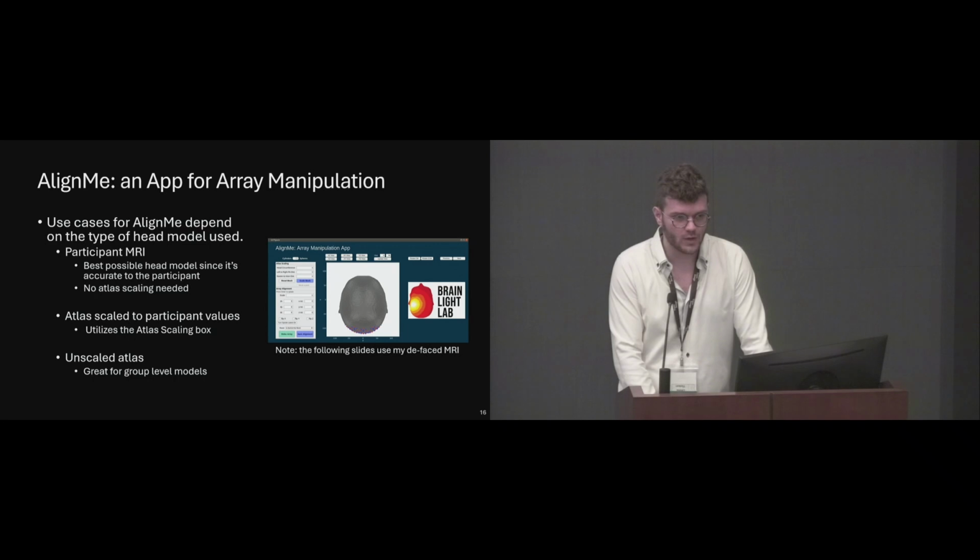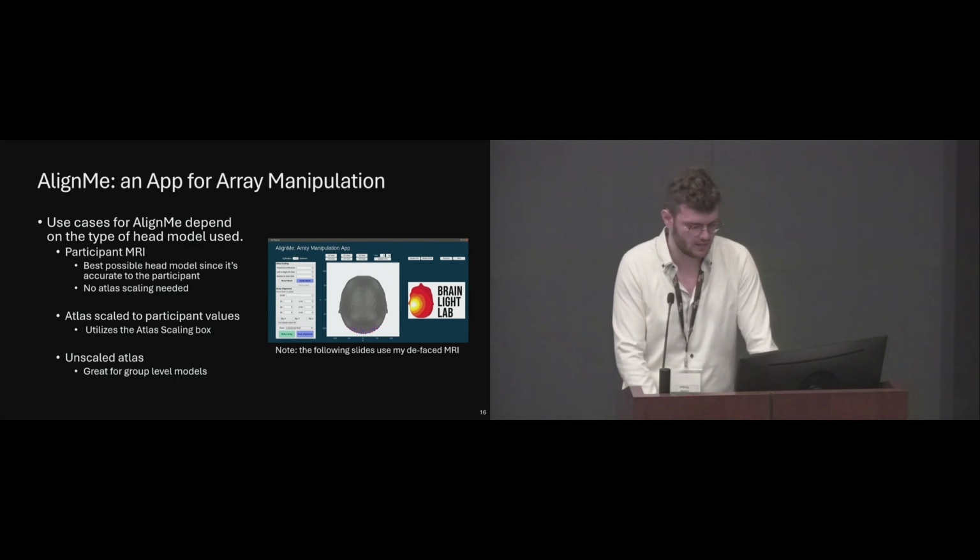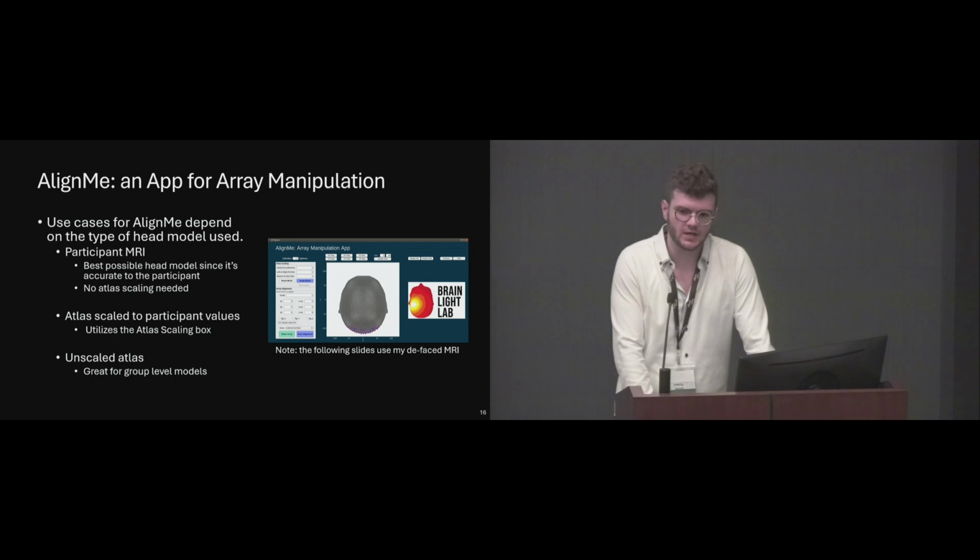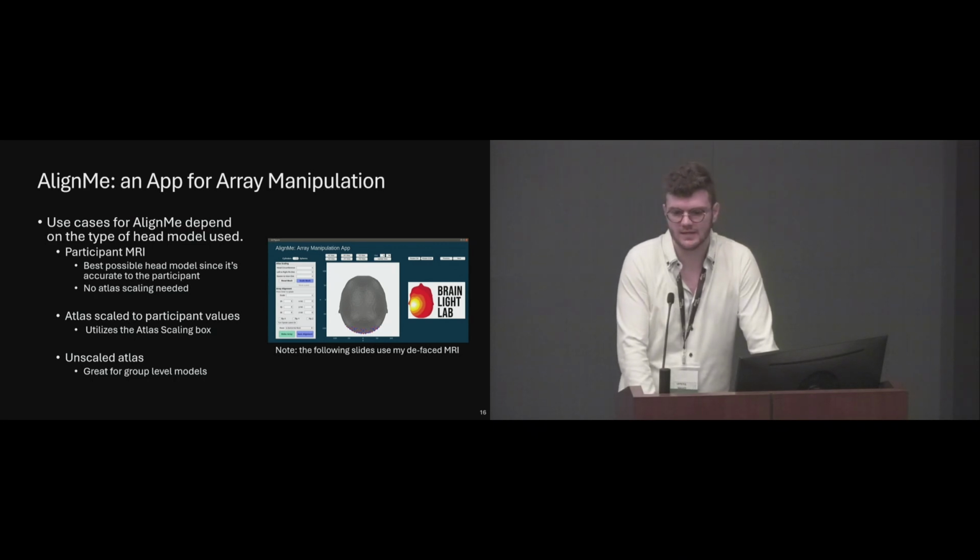Now I'm going to give a quick overview of our AlignMe app. We'll go through this more in depth during the hands-on part. The use cases for our app depend on the type of head model that you're building. If you're building through a participant MRI, that's the best possible case because it's accurate to your participant, and therefore no atlas scaling is needed. You can also use an unscaled atlas, which is very useful for group analyses and group-level models.